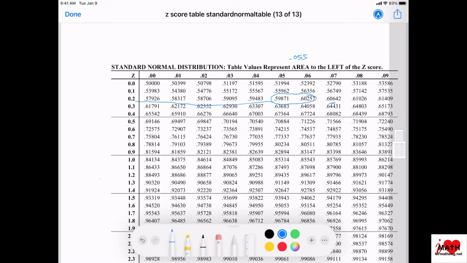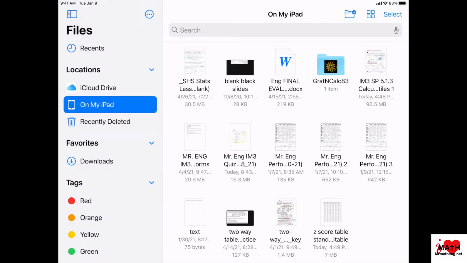And that's this number. So 0.2 plus 0.055 gives me 0.255. A z-score of 0.255 gives me a percent of 60%. Let's put 0.255 into our formula.